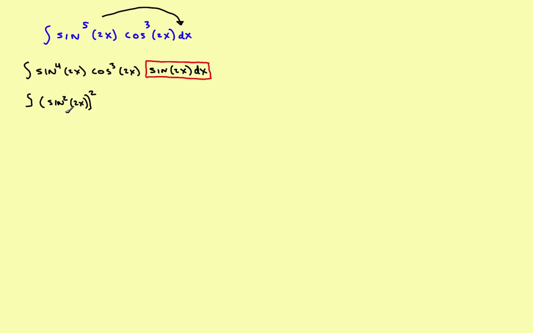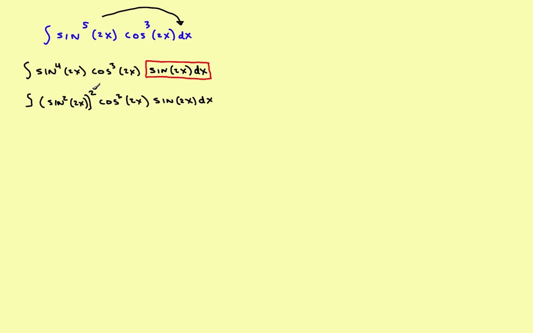Now the reason you're doing this is that you have an identity for the sine squared, but you don't have an identity for the sine to the 4th. So you have to change it into this form. Then you'll still have to write this cosine cubed of 2x. And then you still have a sine of 2x dx.